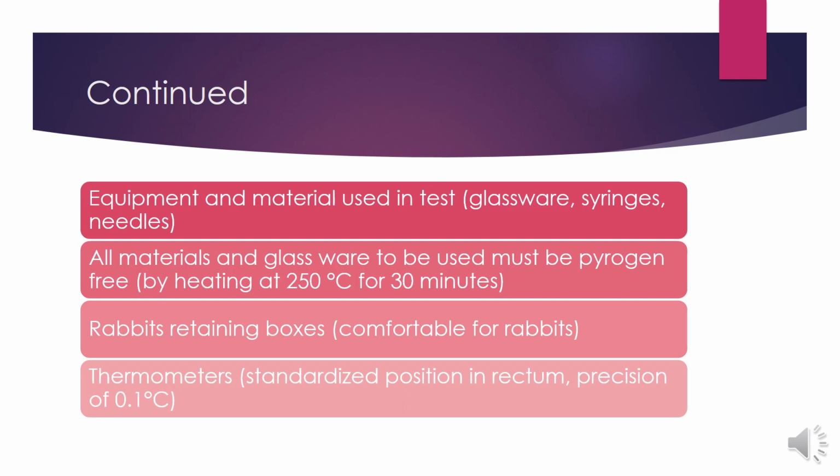These thermometers are positioned into the rectum of all these test rabbits, and they have the precision of detecting each rise of 0.1 degree centigrade; they are very accurate in detecting such a rise in those test rabbits. Such thermometers are used for the detection of pyrogen in the preparation by using the rabbit method.